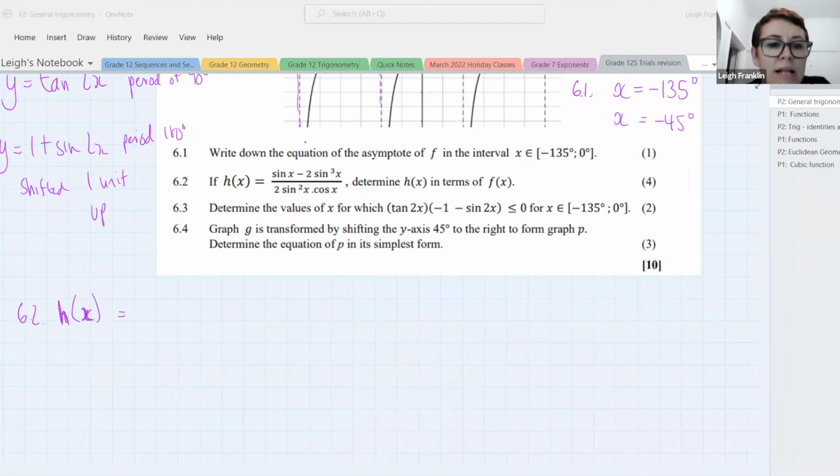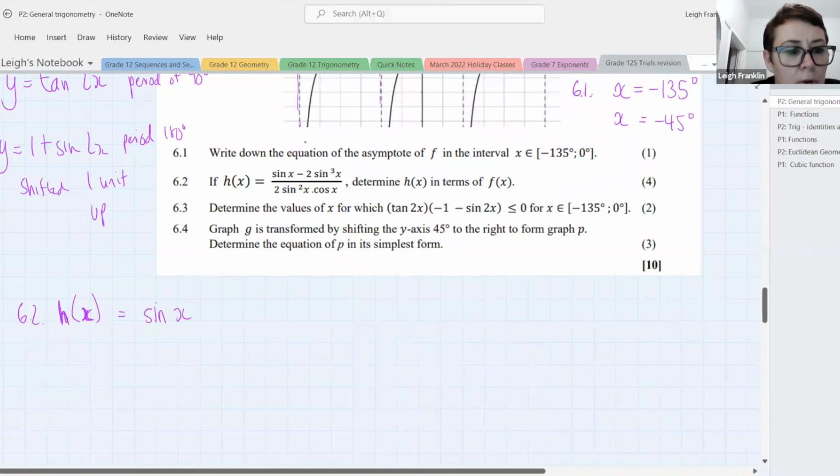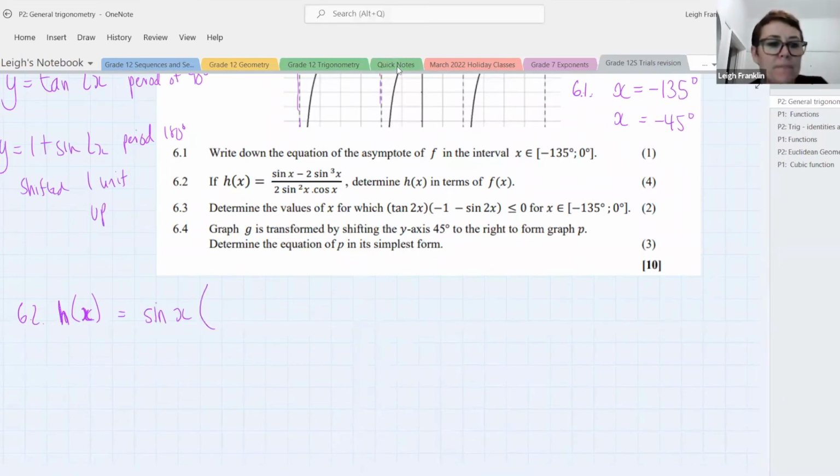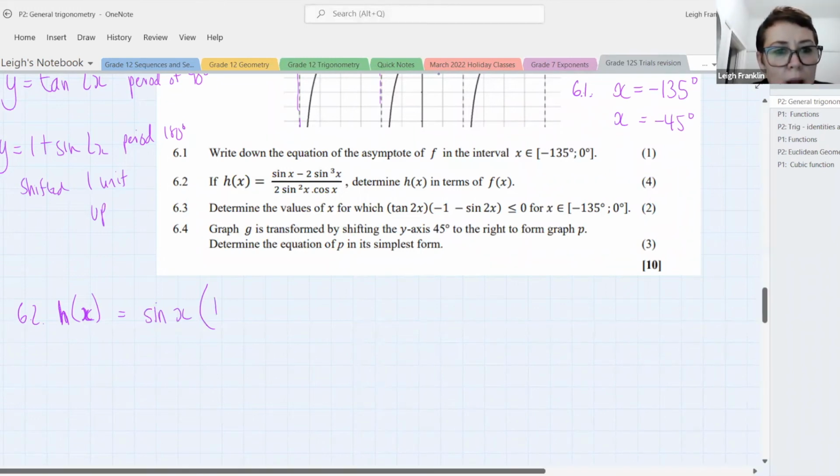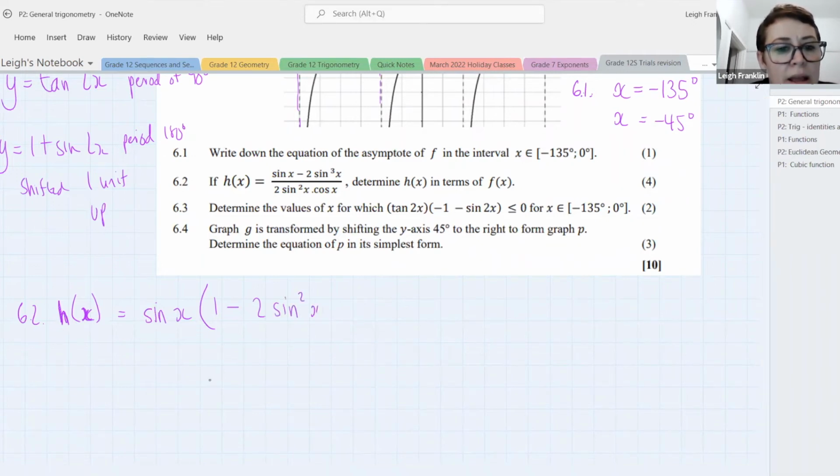Let's factorize the numerator. What can we take out? Indeed, quite right. So we're going to take out sine x, and this is going to leave us with 1 minus 2 sine squared x, isn't it?